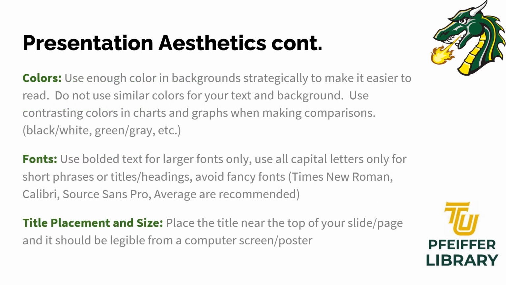And so to reiterate that here, your choice of color should be deliberate, right? So we talked about having a sharp contrast between the text itself and the background of the slide. White text on black background, black text on white background, things like that where the contrast is very high.